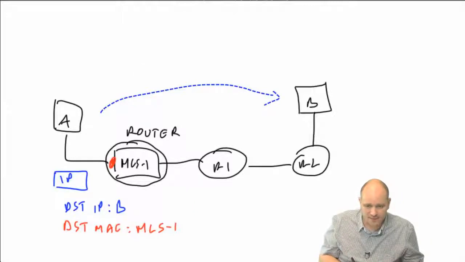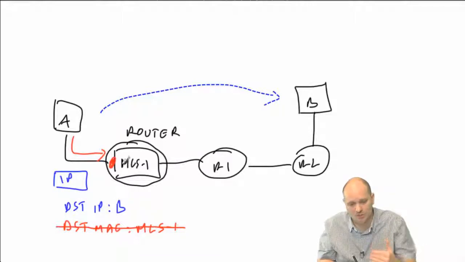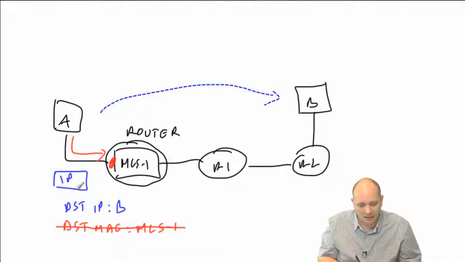When this packet arrived from A to my multi-layer switch 1, we discarded this information here because the destination MAC address was that of MLS1. But I'm still keeping the information about the destination IP address. I'm going to perform the lookup in my tables, and I'm going to get the information that my layer 3 next hop to reach B is R1's interface here.